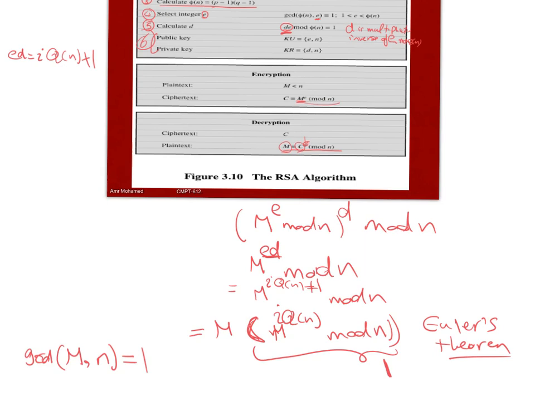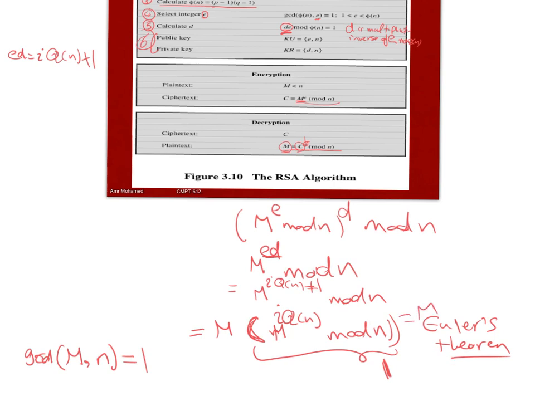There is a condition here. He proved that this is 1 if the GCD is 1, he did not say anything otherwise. He said if the greatest common divisor between m and n is 1, then this will always be 1, which means that this will in fact be m.